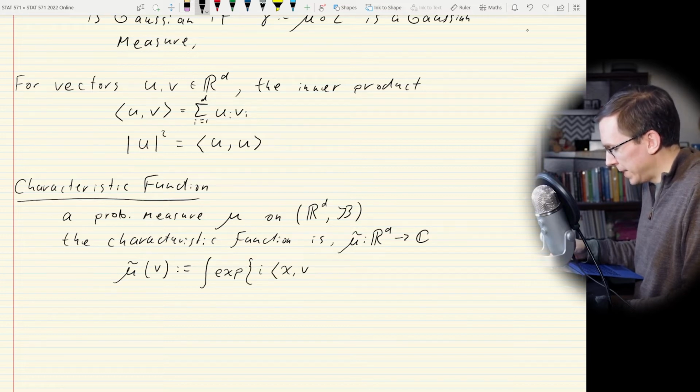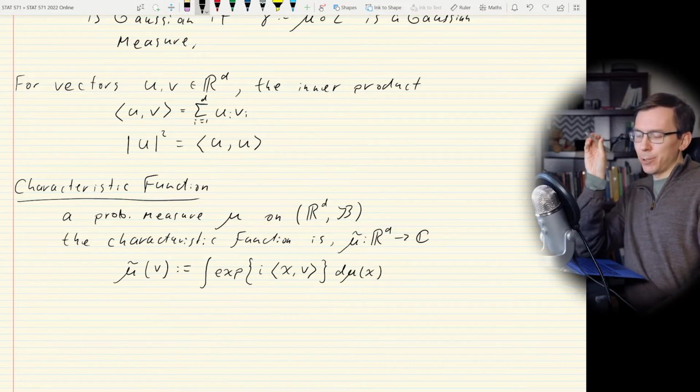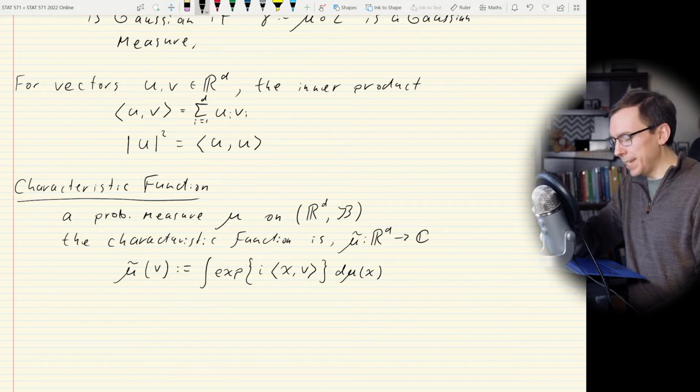Anyway, we get this. Dot product of x and v, d mu of x. So here we're integrating with respect to the measure mu over the space R^D, and we're integrating the function e to the i, where i is the square root of -1, times the inner product between x and v.